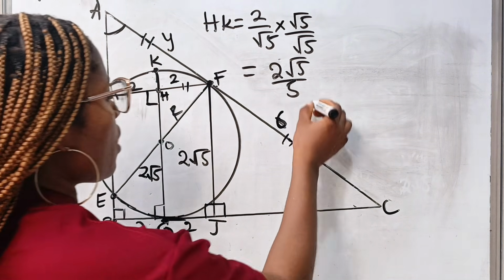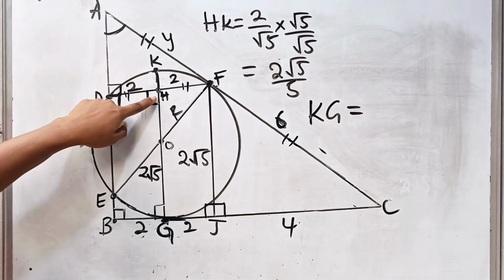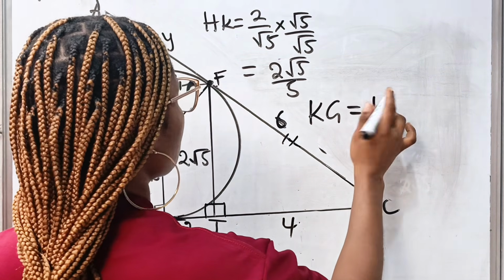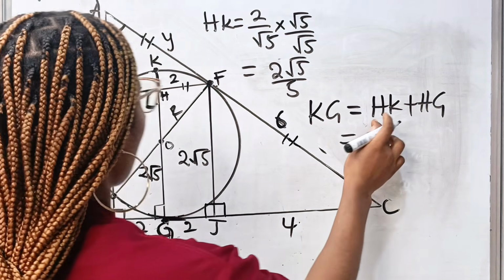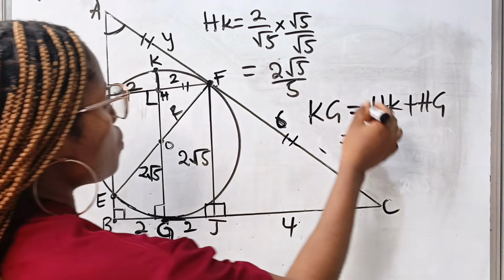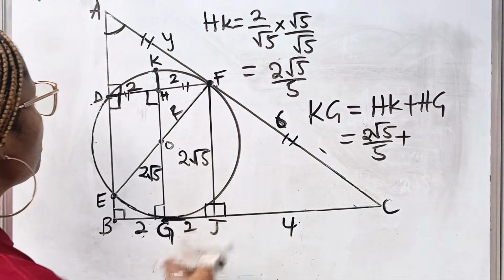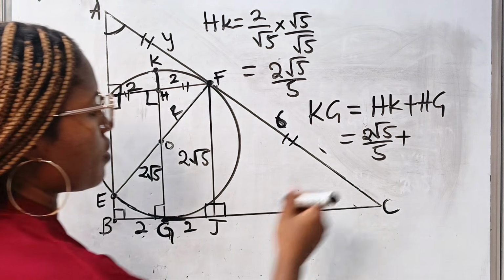Now you can see that KG is the diameter of this circle. So KG will be equal to KH plus HG. HK is what we got as 2 root 5 divided by 5, plus HG, which is 2 root 5.